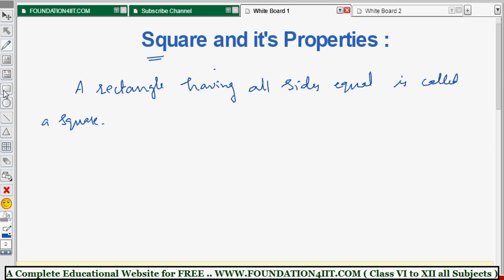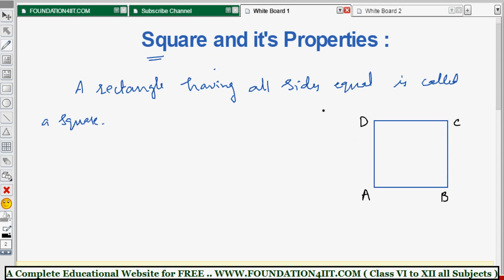Now let me take the square diagram. Generally all sides must be equal. So if it is a square, vertices A, B, C and D. Now let me explain the properties of this.